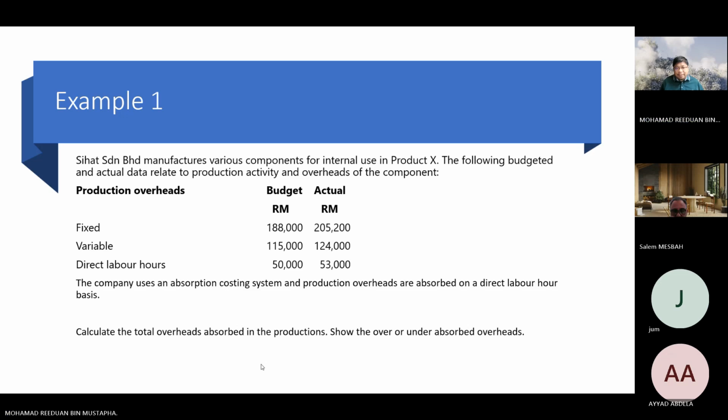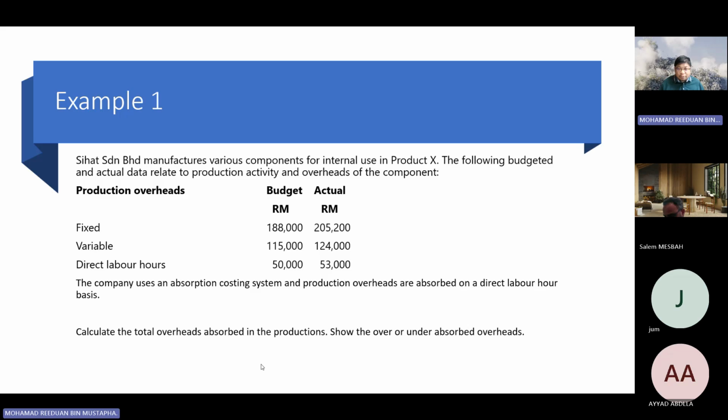Okay. So all the information is production overhead. In the production overhead, there is a fixed and a variable part, and then there are also direct labor hours. Then the company uses the absorption costing rate and the production rate to absorb overhead based on direct labor hours.